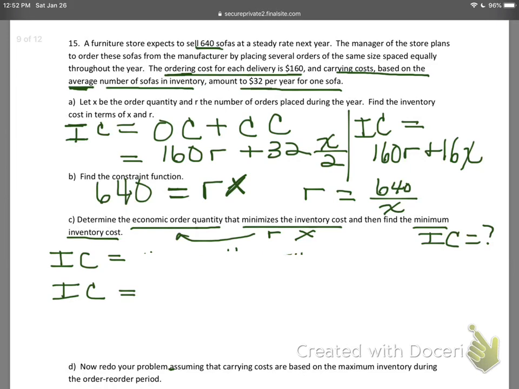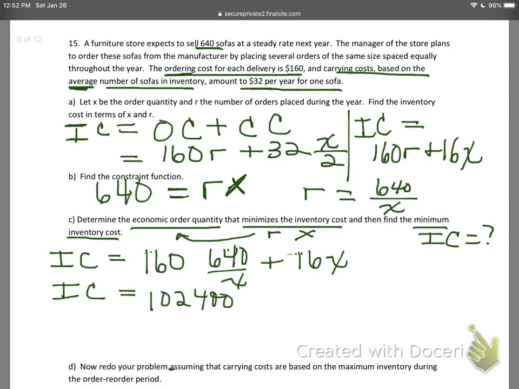Okay, so let's try this again. Looking at my objective function, I have 160R, so it's 160, and I'm replacing the R with 640 over X, plus 16X. Do your little multiplication and you should be getting 102,400, and then bring your X up, X to the negative 1, plus 16X.